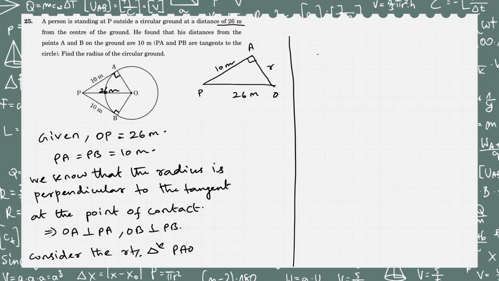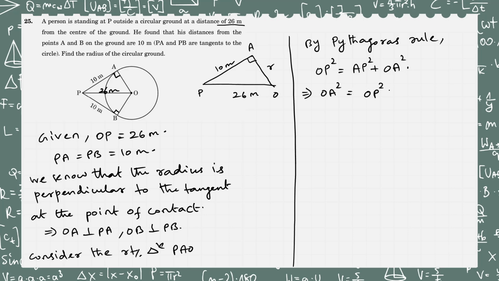Let us apply Pythagoras theorem there. By Pythagoras rule, OP is the hypotenuse, right? So OP square equals AP square plus OA square. So that implies OA square will be OP square minus AP square, which is 26 square minus 10 square, which is 676 minus 100, which is 576.